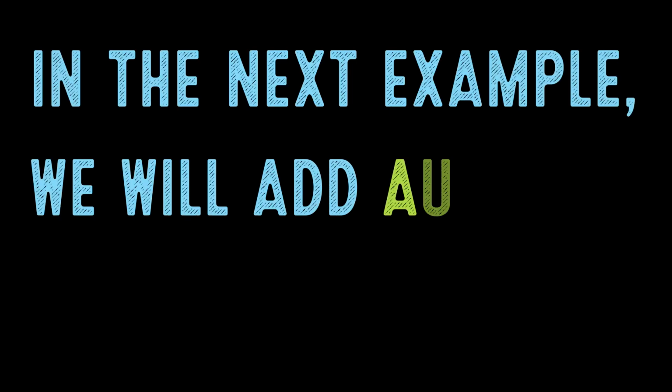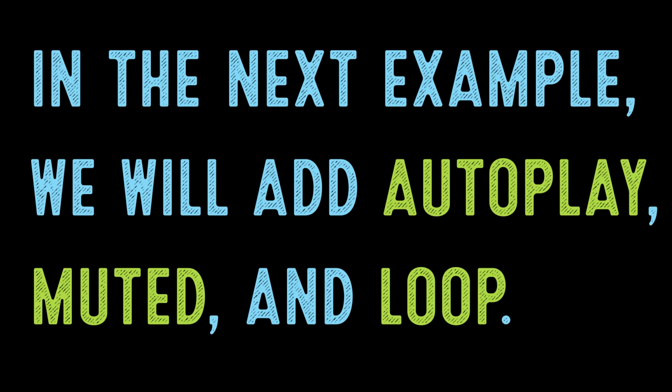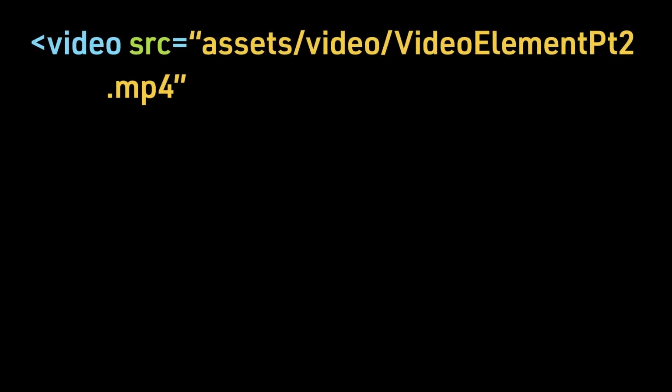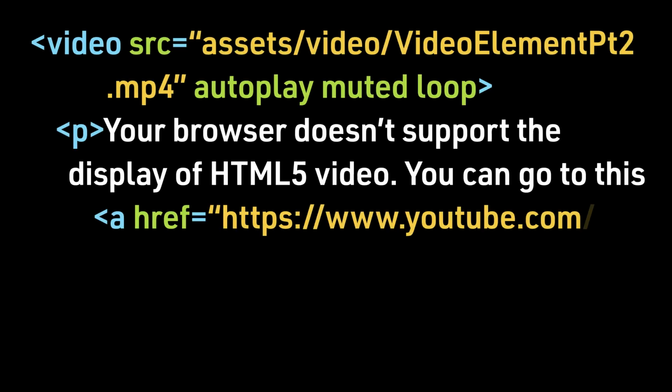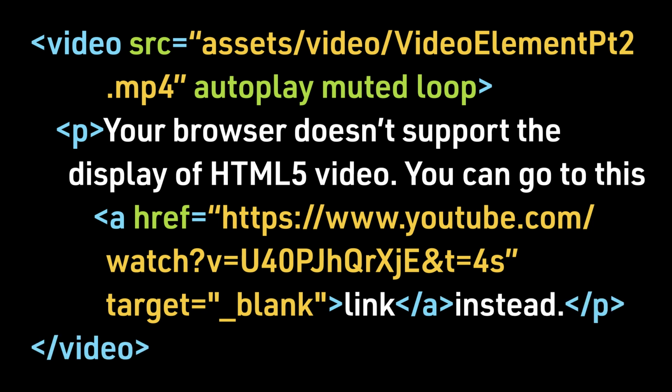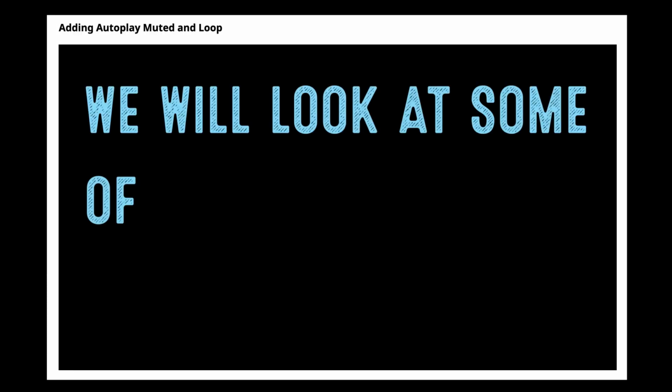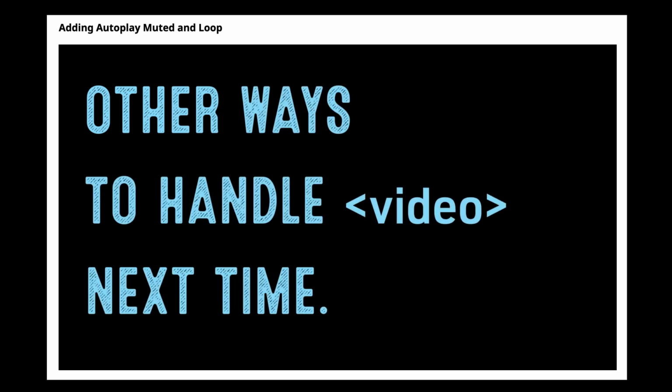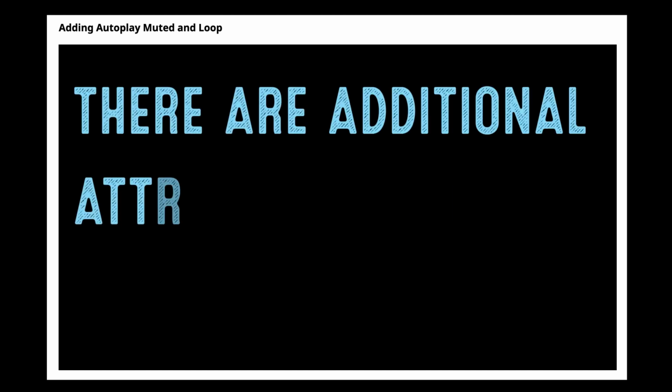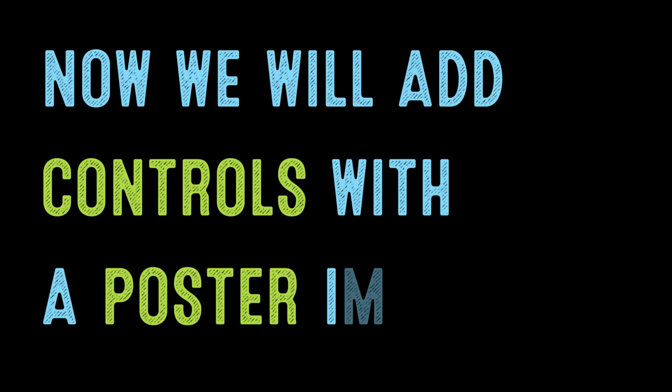In the next example, we will add autoplay, muted, and loop. Now we will add controls with a poster image.